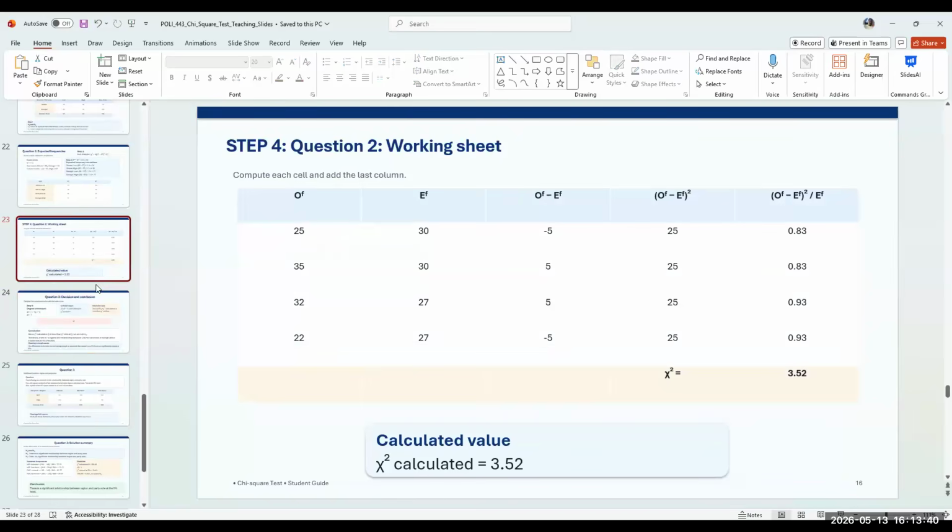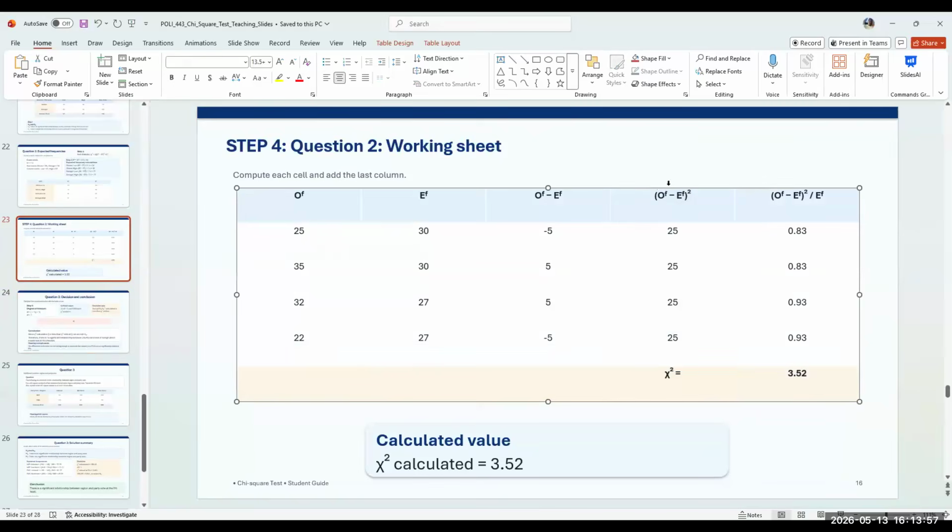I want you to tell me, and then I explain. Are you referring to the OF squared, or EF in the brackets? Is it this column you are referring to? The last column.